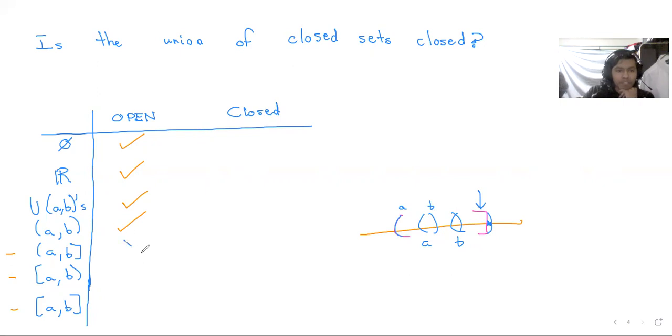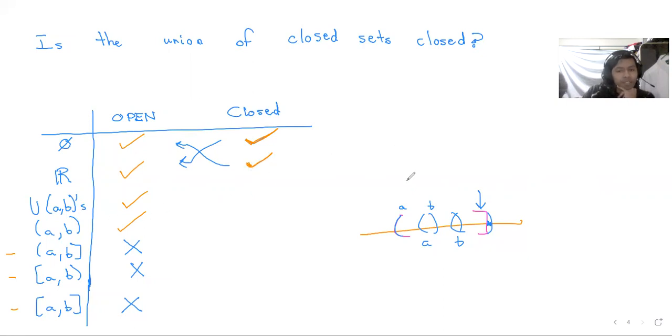So that's why these three with brackets would not be open. And then these are their complements. The set is only closed if its complement is open.